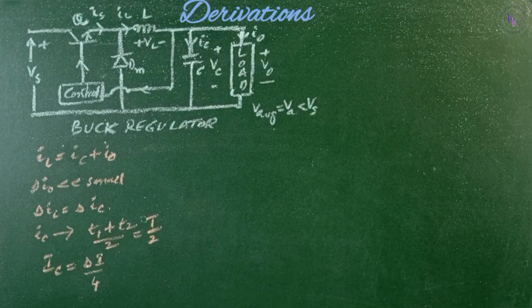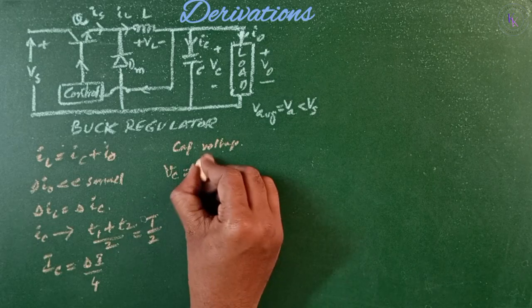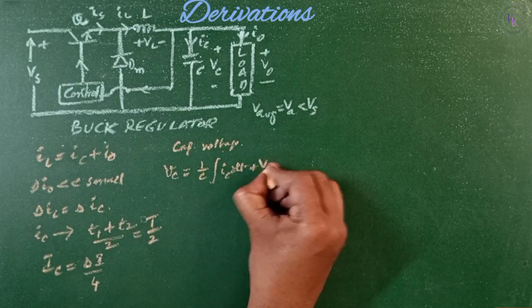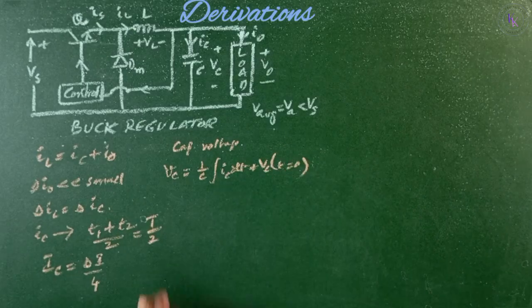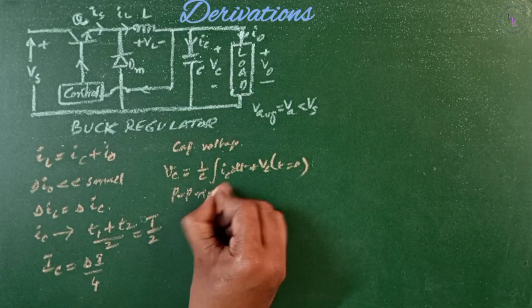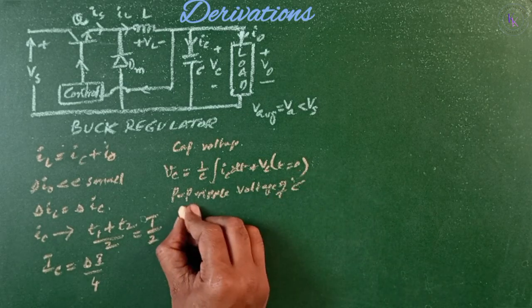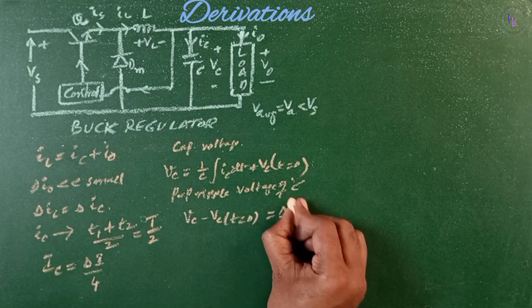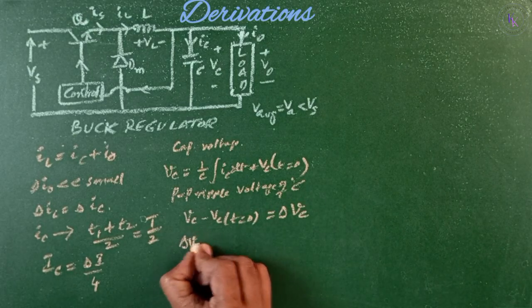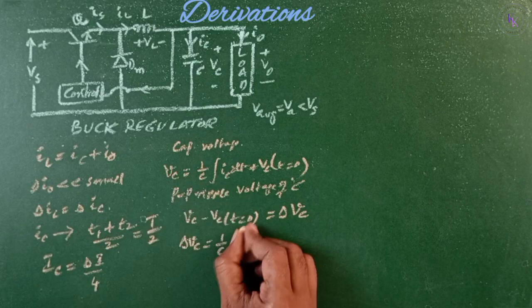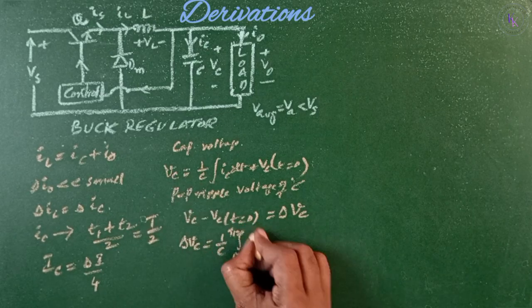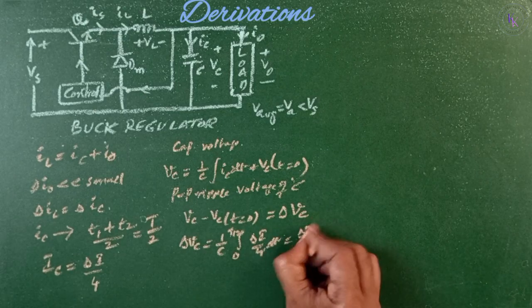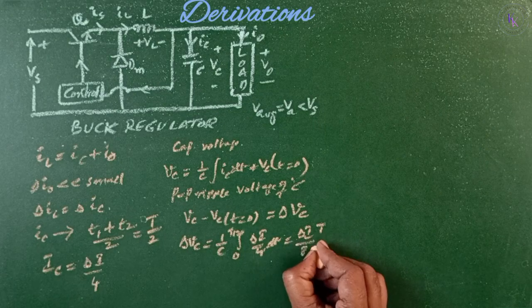Now the capacitor voltage VC equals 1 by C integral of IC dt plus Vc at t equals 0. The peak to peak ripple voltage of the capacitor C is given by Vc minus Vc at t equals 0. That is delta Vc. Delta Vc is given by 1 by C, integral 0 to T by 2 of delta I by 4 dt. That equals delta I T divided by 8C.